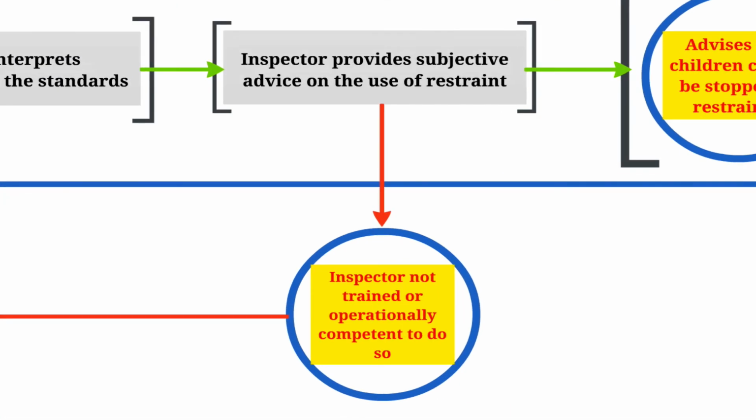Furthermore, if we go back to the secondary set of events below that the inspector was involved with, the inspector too was not trained or operationally competent in the use of force. And in fact, we've got correspondence today from an inspectorate that says that their inspectors actually only get 3 hours classroom training on the use of force but do not get any restraint training.